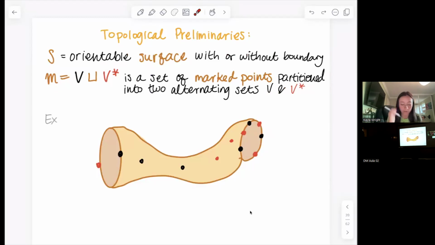I'm going to have vertices in black and vertices in red. You can think of these as V and V dual. For every boundary component, if I have one black marked point, I need to have a red complementary one. If I have these black punctures, I need to make sure that I have their dual, etc.